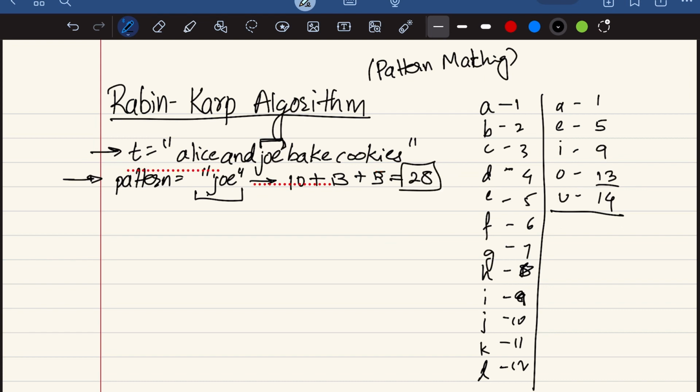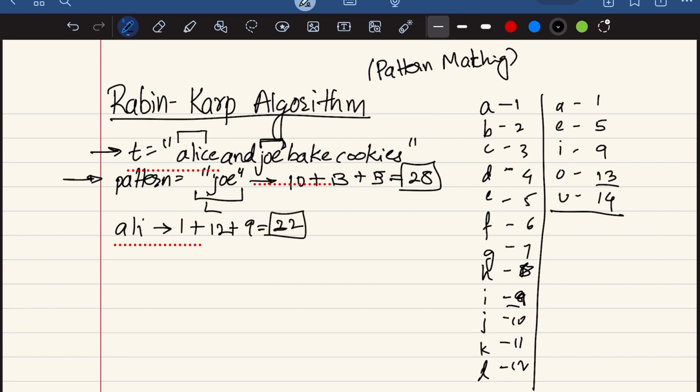Now we go to the original input, the long string, and look at it. To get the pattern here, we count the first three characters, which are A, L, I. The value based on this table is 1 plus L is 12 and I is 9, which is nothing but 22.